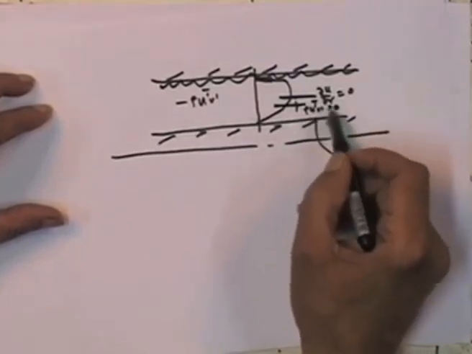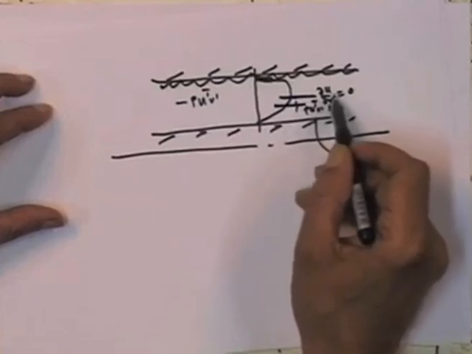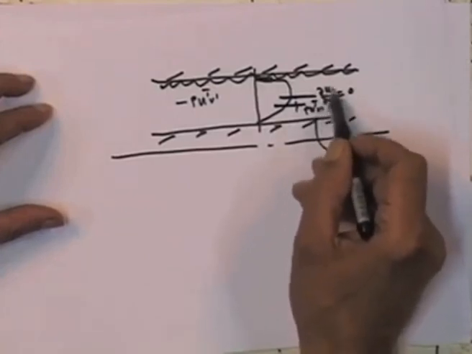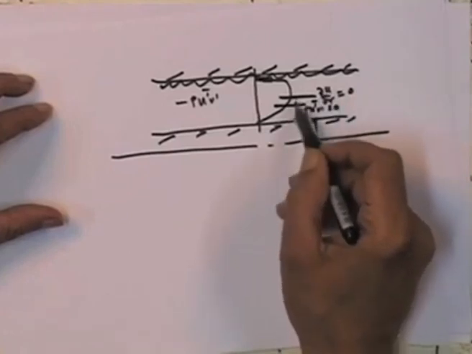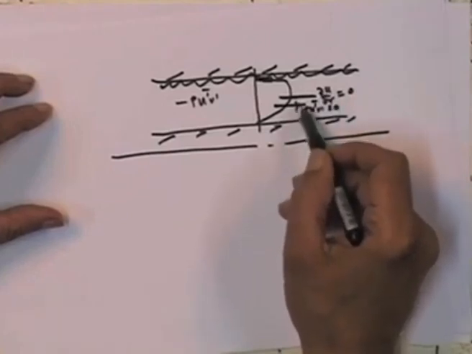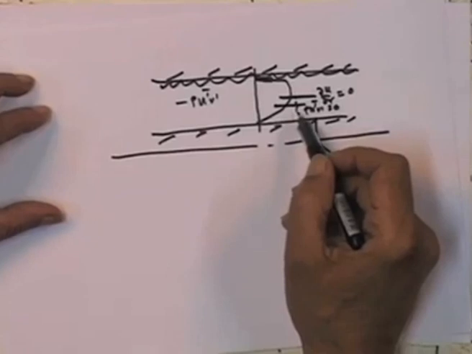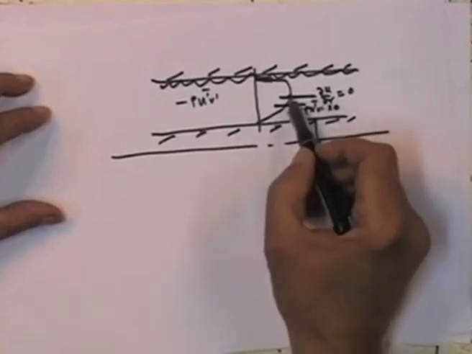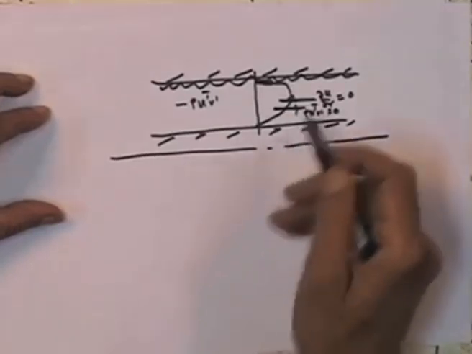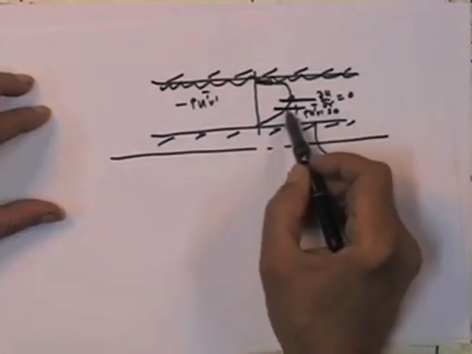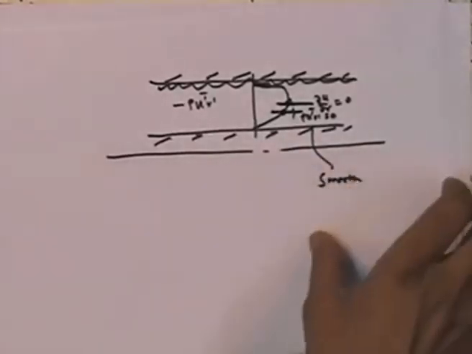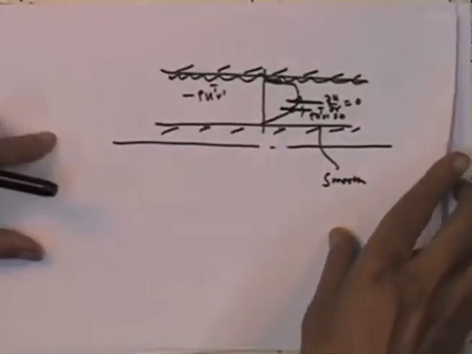So, in fact, the shear stress does not really go with the velocity or the velocity gradient or the strain rate, and there is a separation here. Whereas the mixing length model would predict zero shear stress here also, the true zero turbulent shear stress is here.